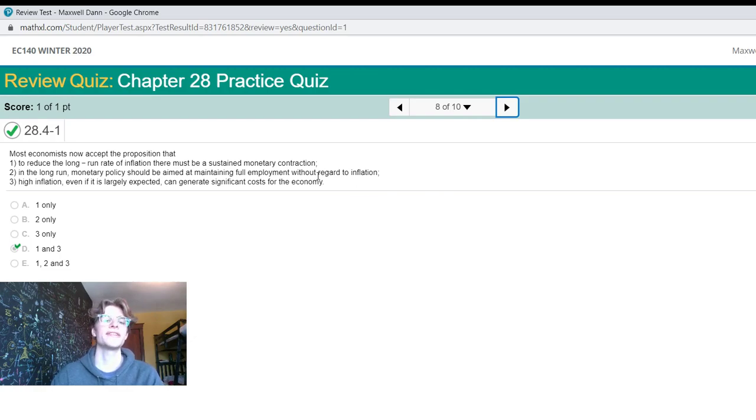It has nothing to do with employment. And high inflation, even if it is largely expected, can generate significant costs for the economy. Of course, as we just mentioned, those seniors that are earning fixed incomes, that's a large cost. Also, anyone who's lent out money, the real value of the money being paid back is now lower.